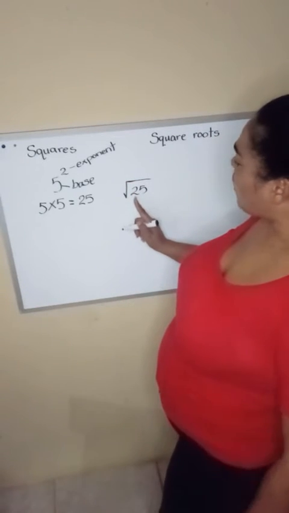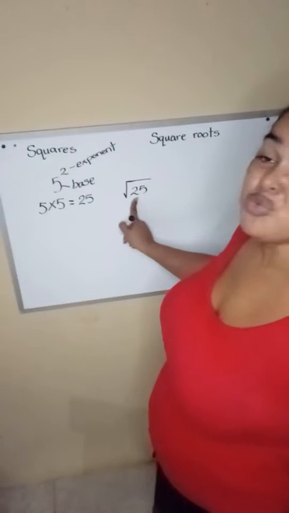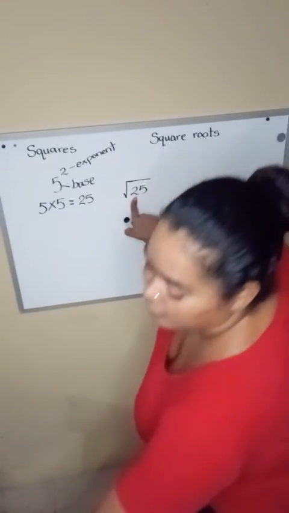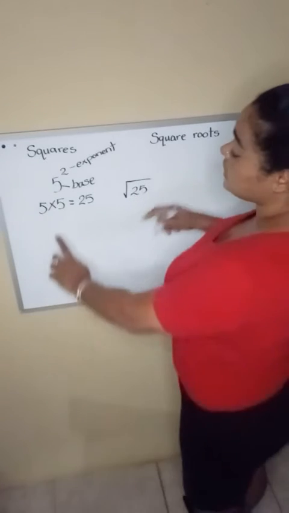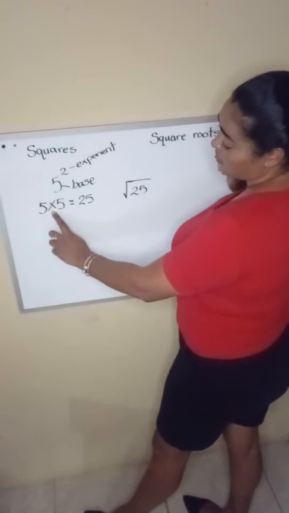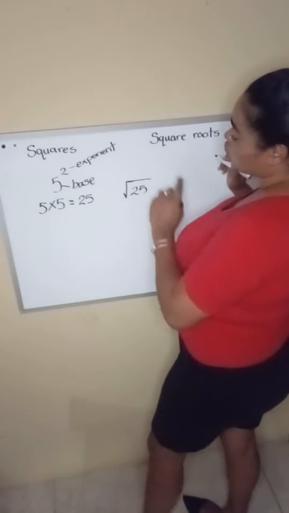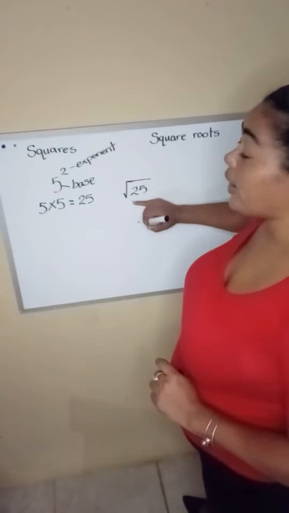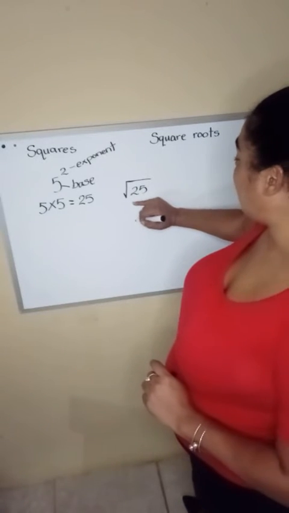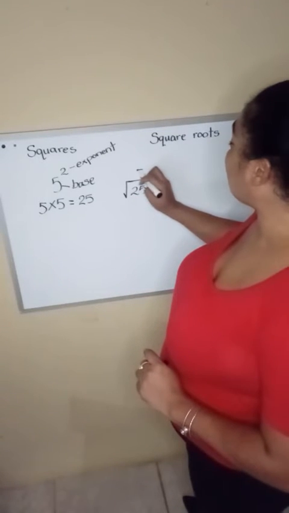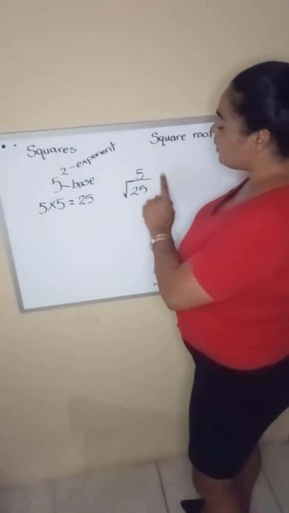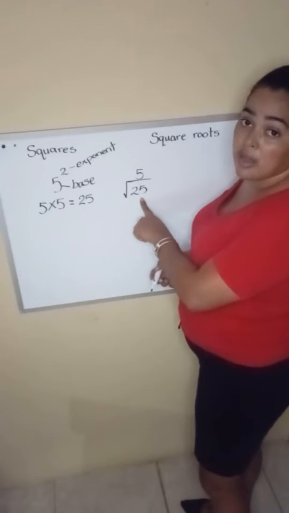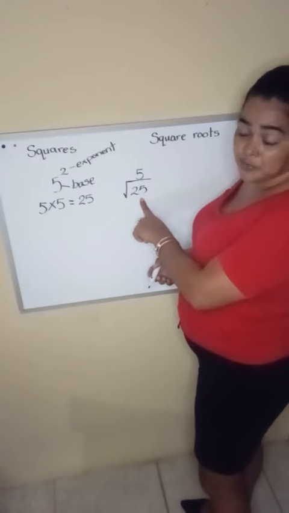So, what number times what number will give you 25? See, we already did that. 5 times 5 will give you 25. So the square root of 25 is 5. Why? Because 5 times 5 gives you 25. Right?